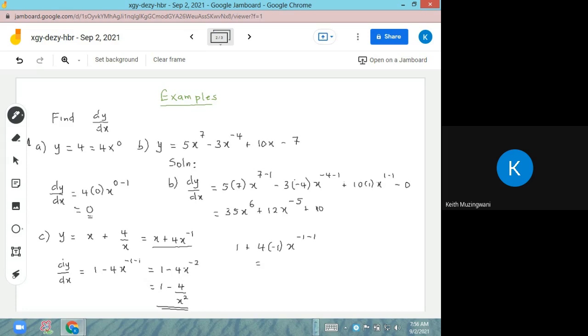So this turns out to be 1 minus 4 x to the power negative 2, which I've written as this. Is it okay? Yes, sir. Thank you. Okay.